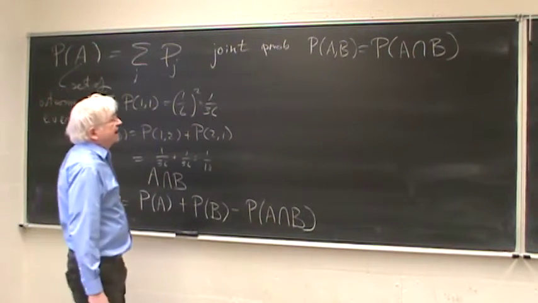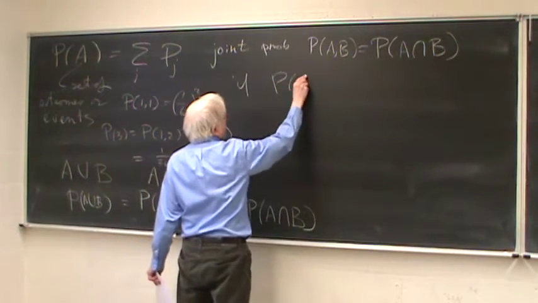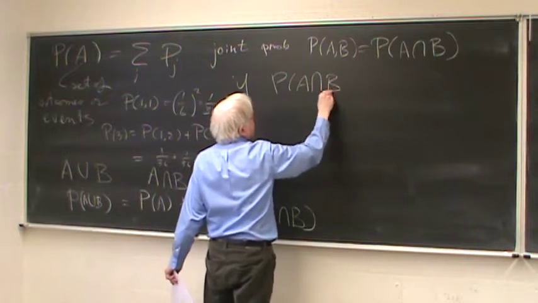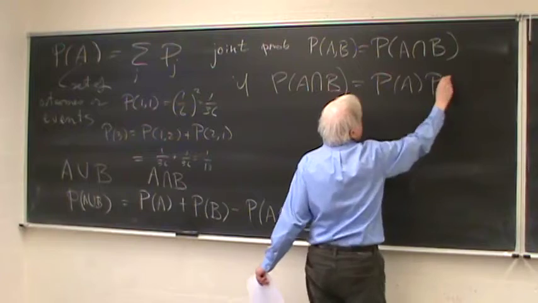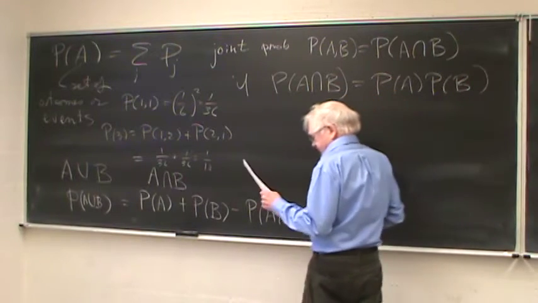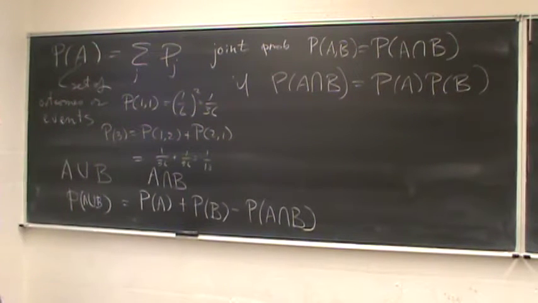And if the probability of the joint outcome is just P of A times P of B, then we say that the outcomes are statistically independent.